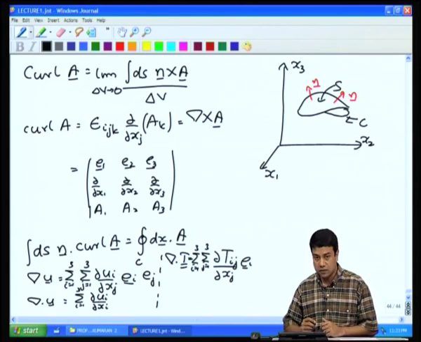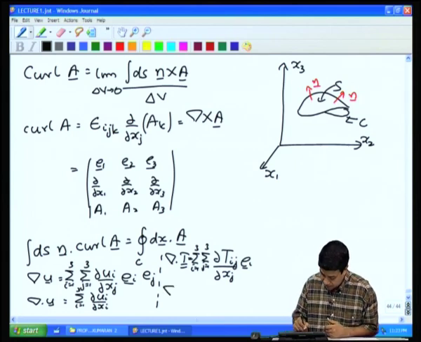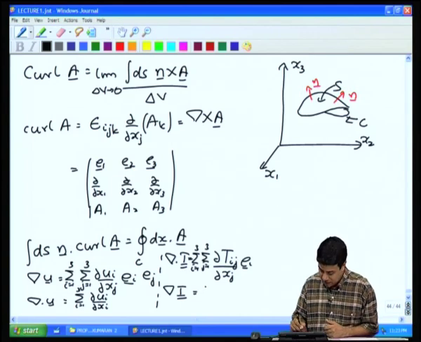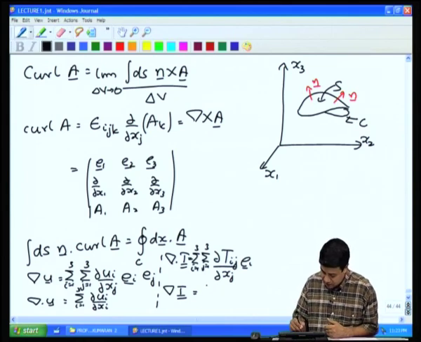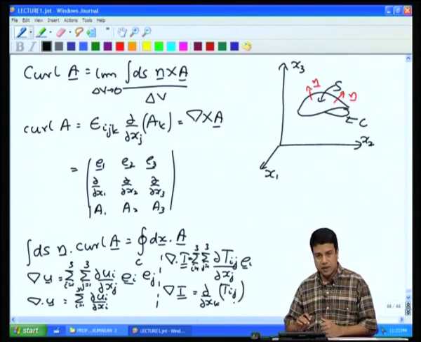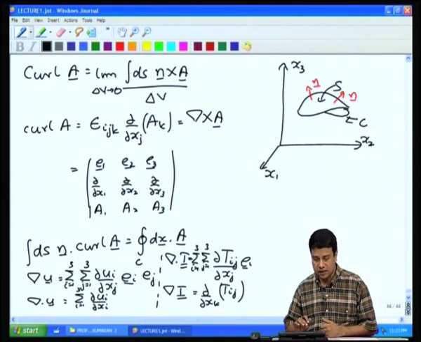You could as well take the gradient of the stress. This is also possible. So, this is now a third order tensor, because this is partial by partial xk of Tij. So, I am taking the derivative with respect to index k of T, which has indices i and j, 3 unrepeated indices.